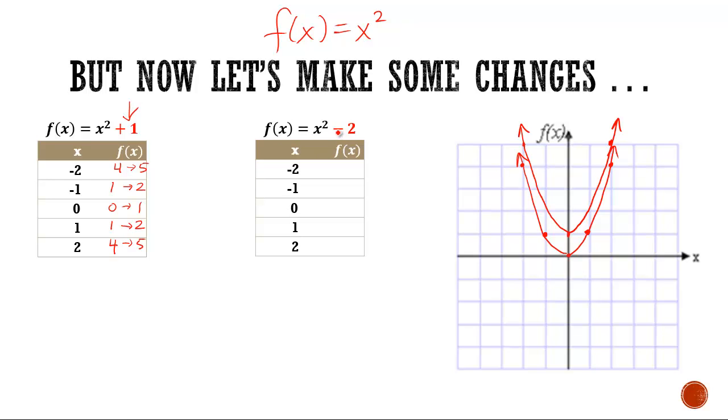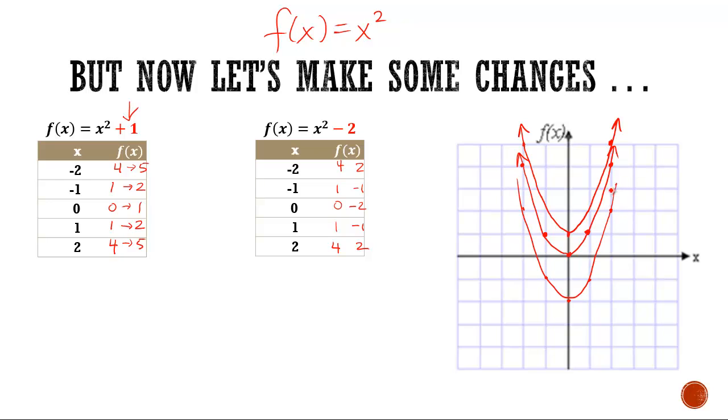What about if we took away 2? Well, all our numbers that we had found for the squaring bit are now being dropped by 2. So for the original graph, every output at that input is being dropped by 2 places.